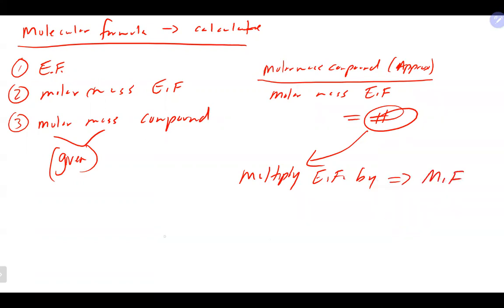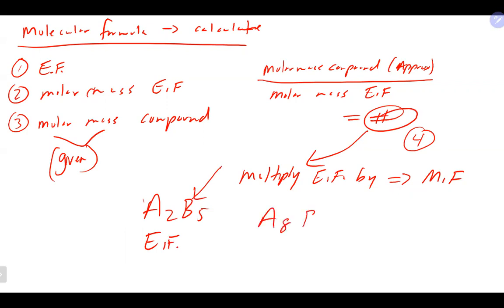So for example, let's just say we did that and we got a number of 4, and we took our made up one from the previous page there, and this was our empirical formula. We would then multiply everybody here by 4, and that would give us A8 and B40 as our molecular formula. So that's usually what you want to do.